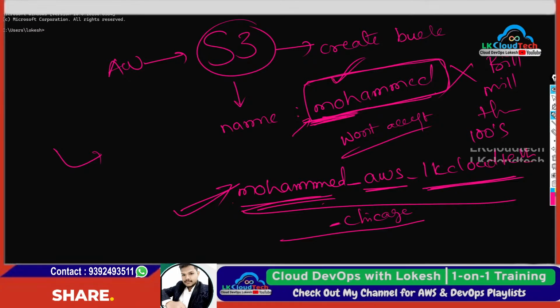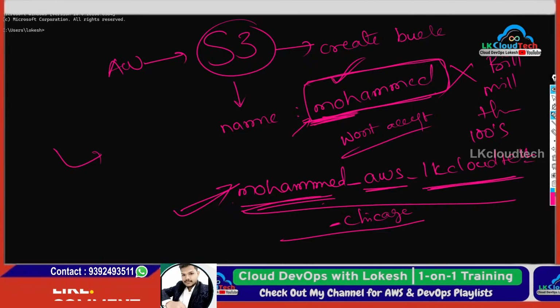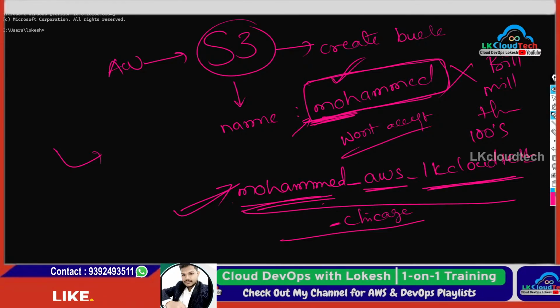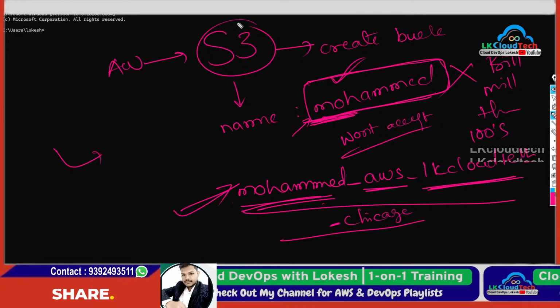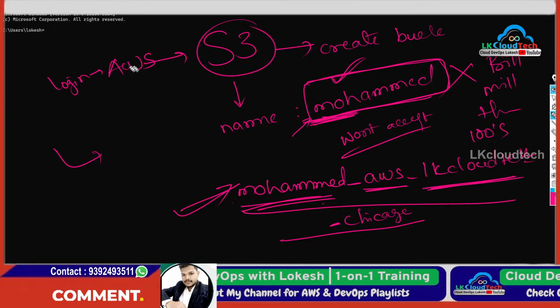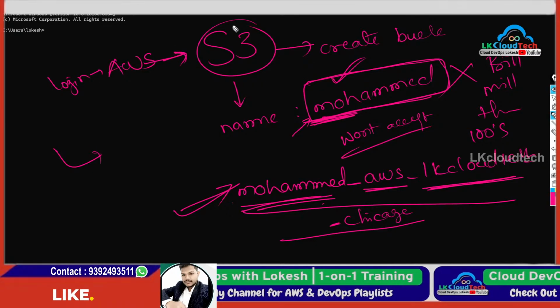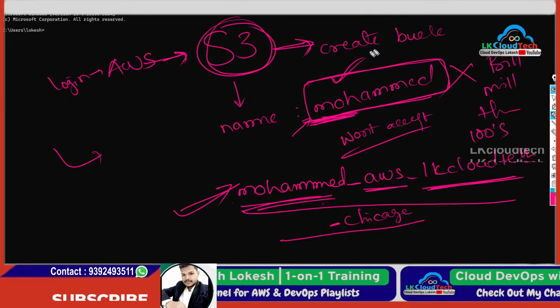Okay. You can ask me where you are confused. Yeah. This is just AWS. You log in with AWS, and you will open S3. After opening S3, you will create a bucket.